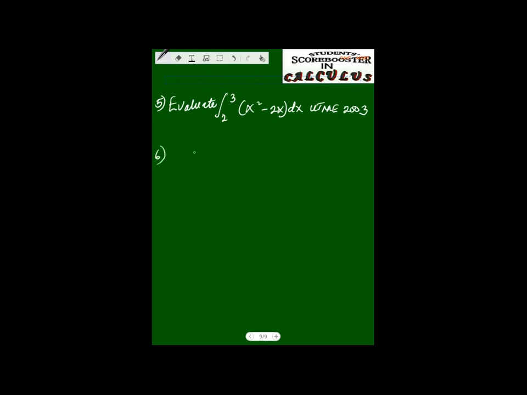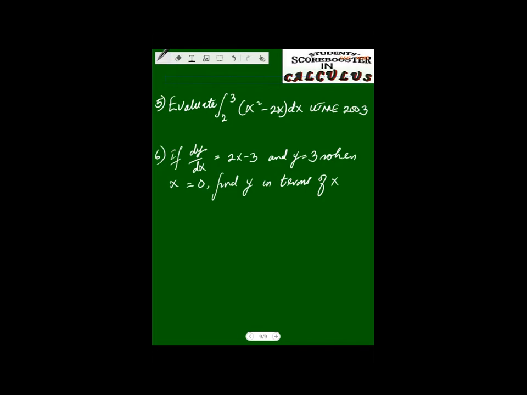Number 6, if dy/dx is equal to 2x minus 3 and y is equal to 3 when x is equal to 0, find y in terms of x.